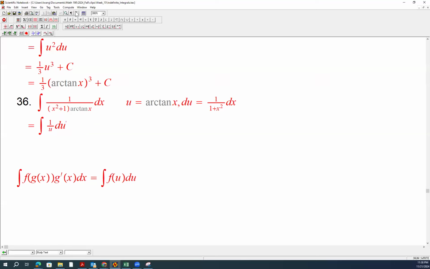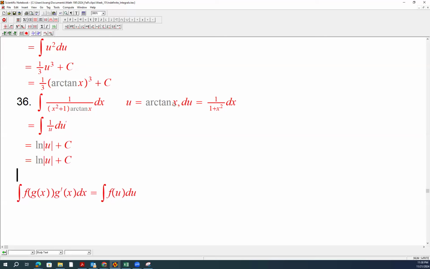And it's ln absolute value of u plus a constant, right? And last but not least, u is arctangent. Boom, finished, right?